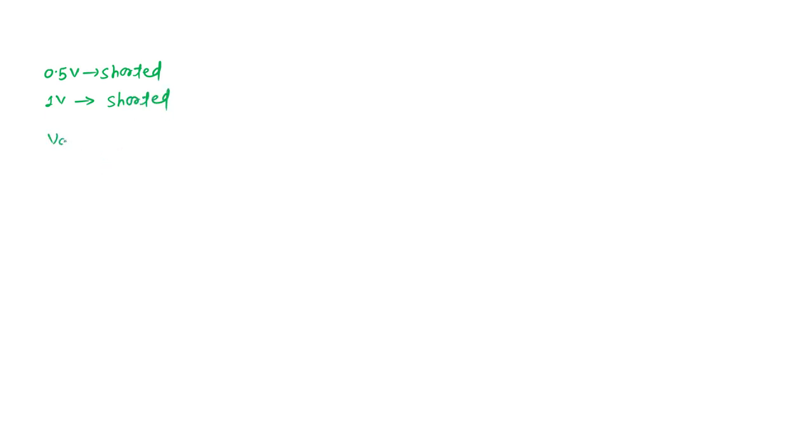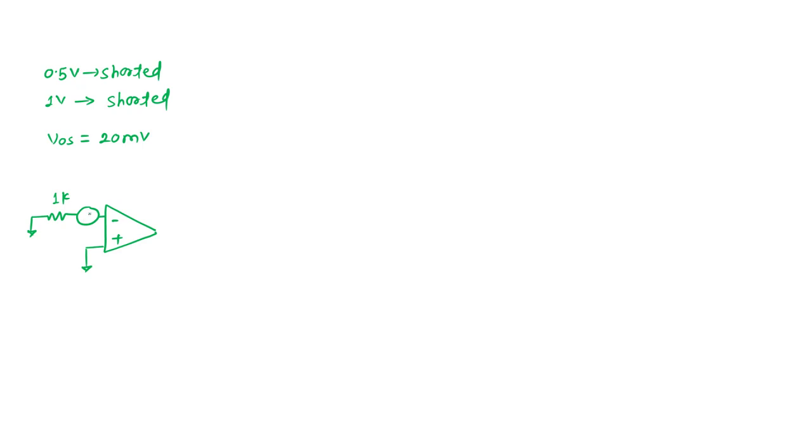Now I will consider only the offset voltage, which is nothing but 20 millivolt. So what is the circuit? Negative, positive. This is ground. 1k. This is ground.